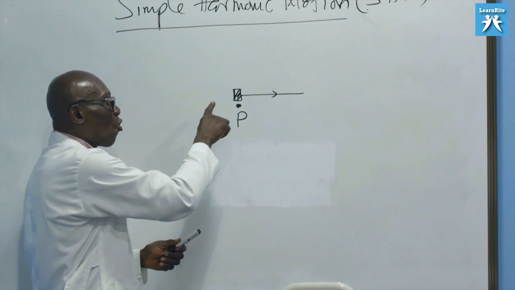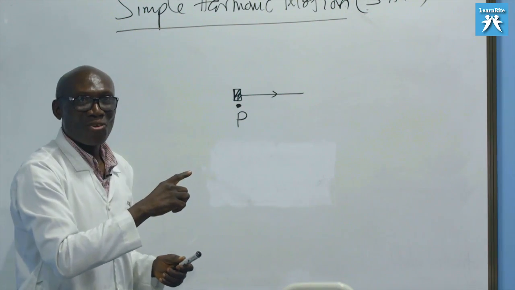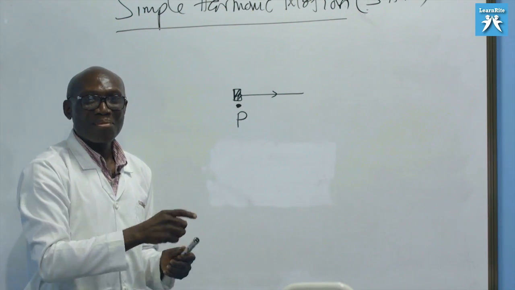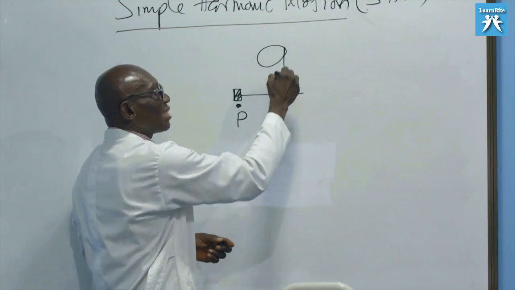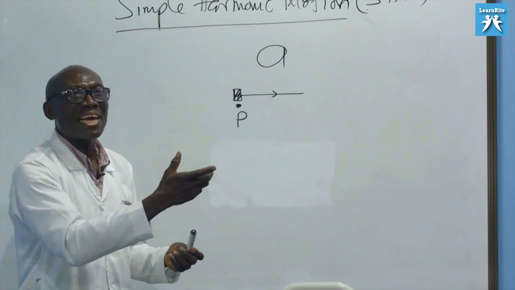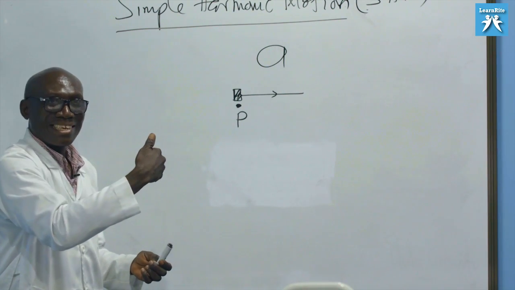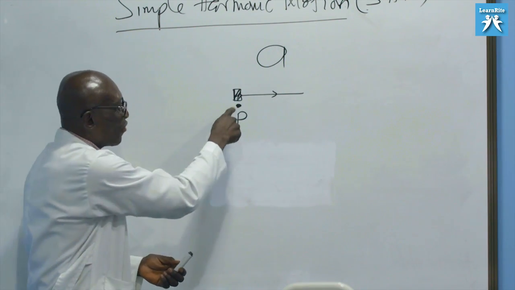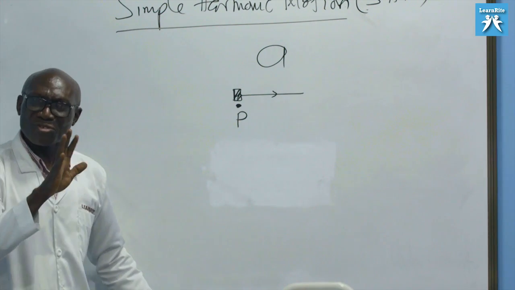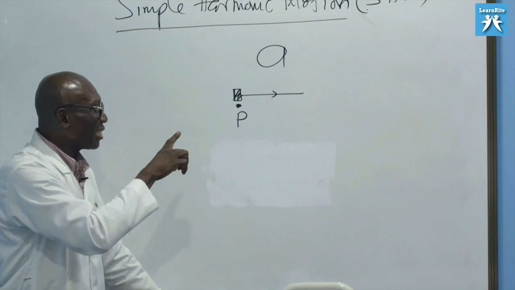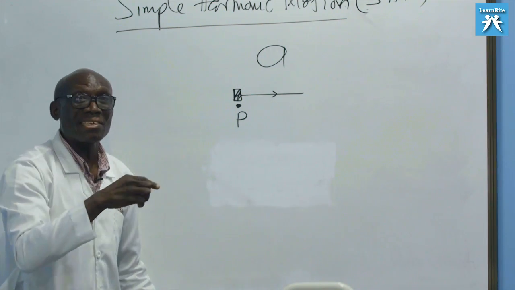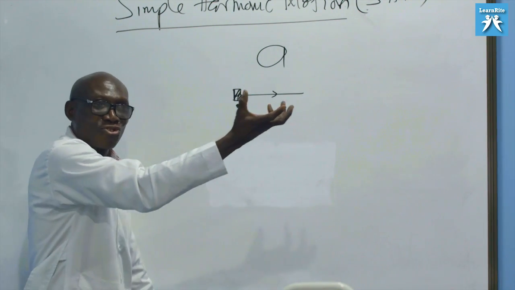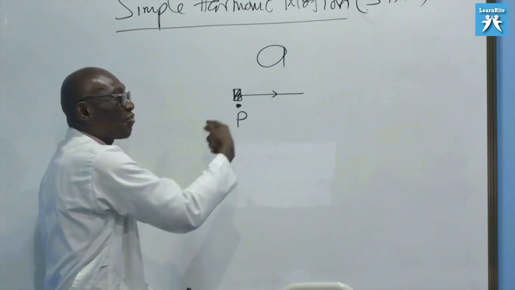The body is going away from the fixed point, but its acceleration, I'm using A for that, is rather directed towards this fixed point. So strange. The body is moving away. This is the direction of motion. And yet, its acceleration is directed toward this fixed point.